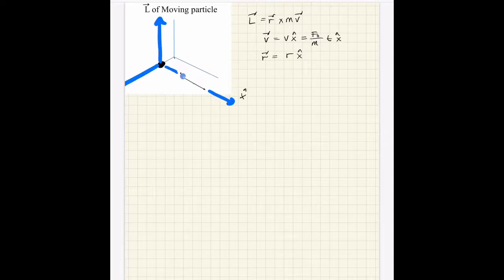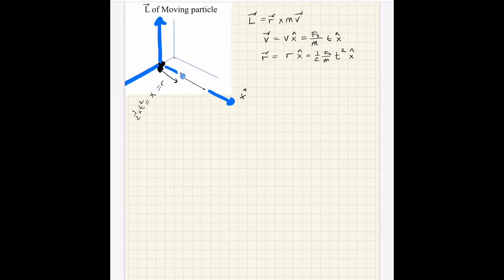And actually this distance r right here is what I was calling x before. It's one half a t squared. It's a function of time too, and if I was being technical, I would write it like this.